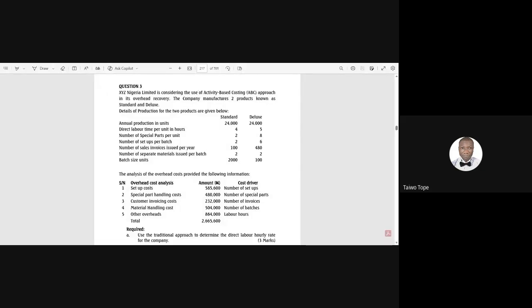So we started a discussion on activity-based costing by saying that activity-based costing is a costing technique that allocates overhead cost to products and services based on the activities that cause those costs, rather than using a single volume-based measure, such as labor hours or machine hours.